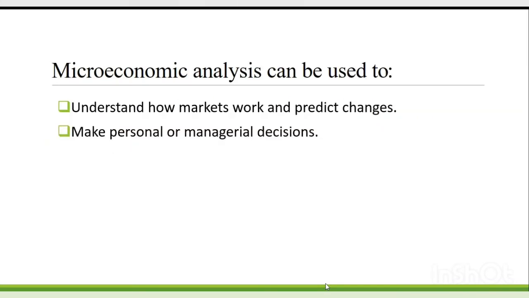Microeconomic analysis can be used to understand how markets work and predict changes in the market. And as you know, a market is a place where buyers and sellers meet for the purpose of exchange of goods and services.